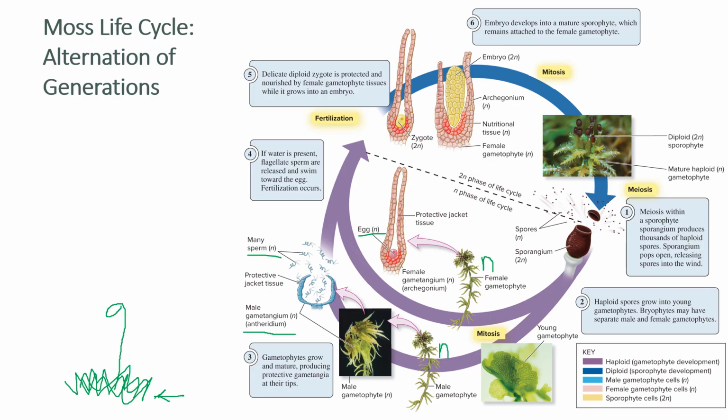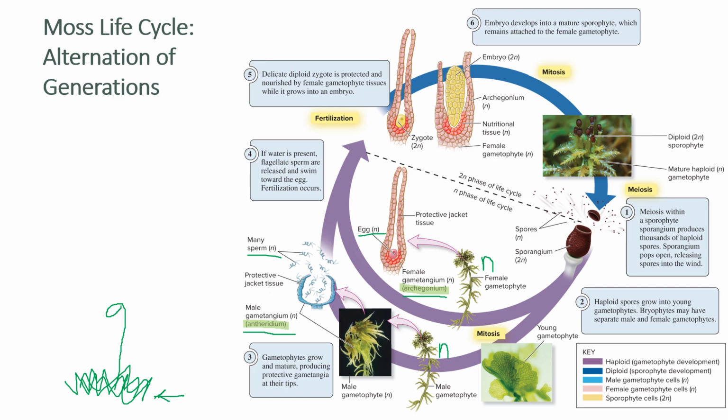I forgot one thing. The female structure that is going to produce the egg is called the archegonium. So you should know those two words, antheridium and archegonium. Antheridium is where the male gametes are produced. Archegonium is where the female gametes are produced.